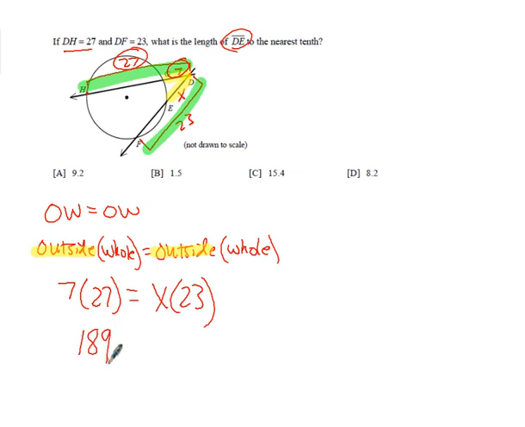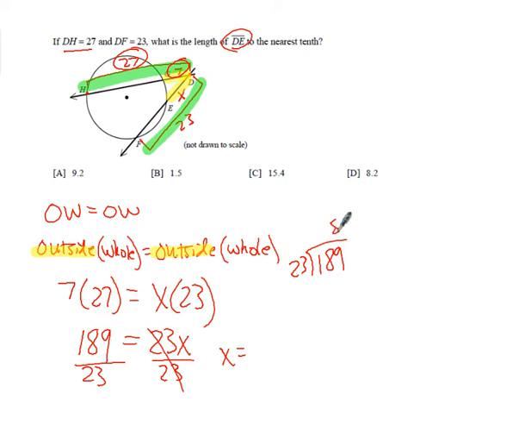Right? Yeah, 189. And then I've got 23x over here. I just rearranged that to make it look a little more standard. Now I'm going to divide both sides by 23. Those cancel out or become 1. X equals whatever 189 divided by 23. Be nice to have a little calculator here at this point because it really doesn't go into that very nicely. Let's say about 8 times. Let me try that.